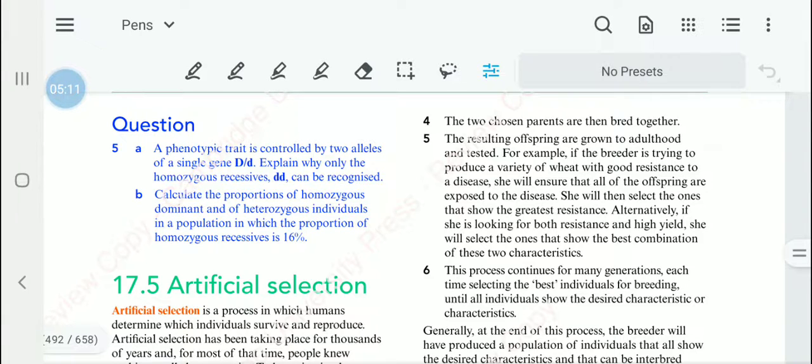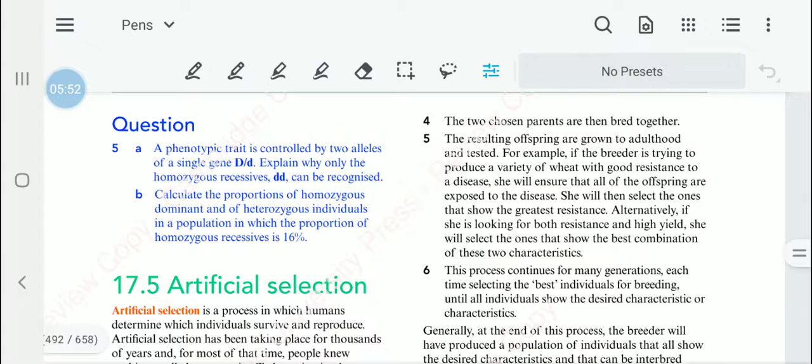If the breeder is trying to produce wheat with good resistance to disease, she will expose the plants to the disease during testing and select the best ones, those that do not die off or show the greatest resistance. If both qualities are required, whatever produces the highest yield as well as the highest resistance will be chosen and reproduced.